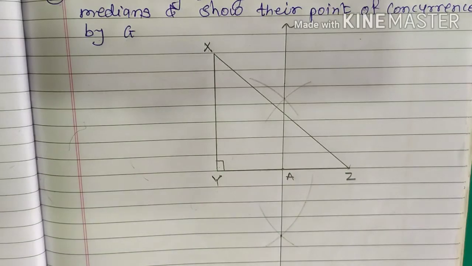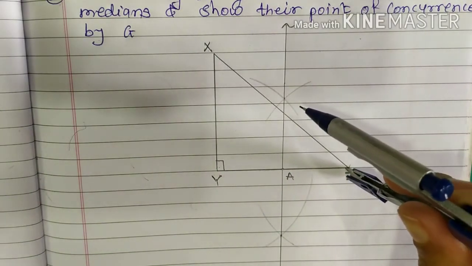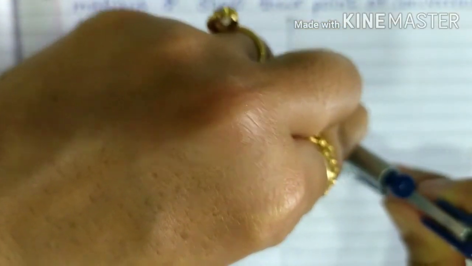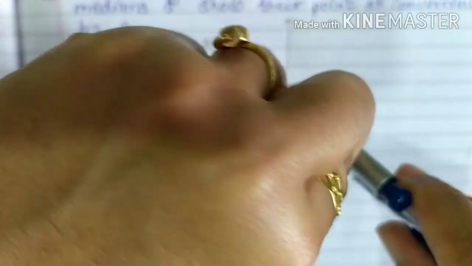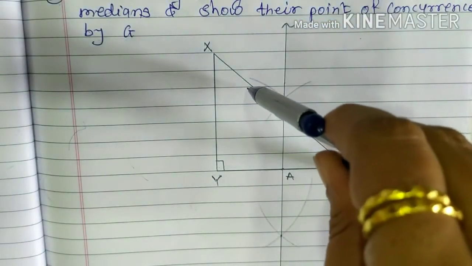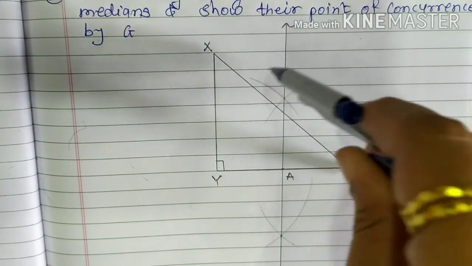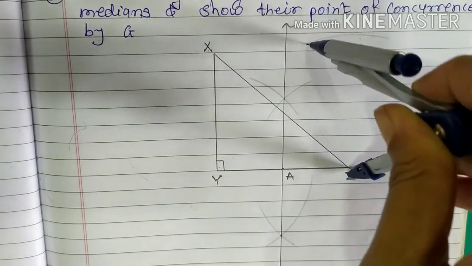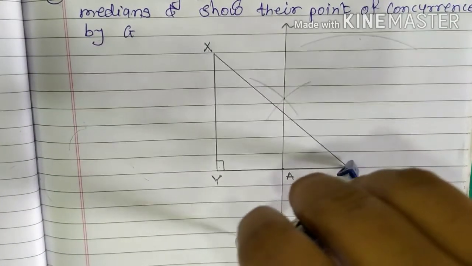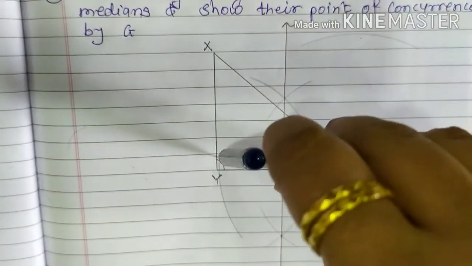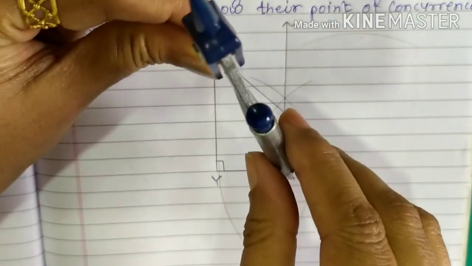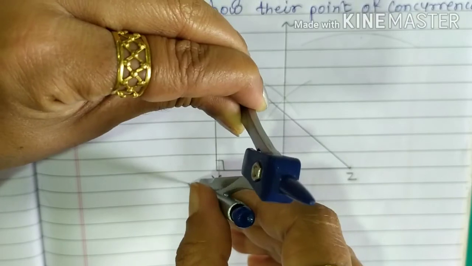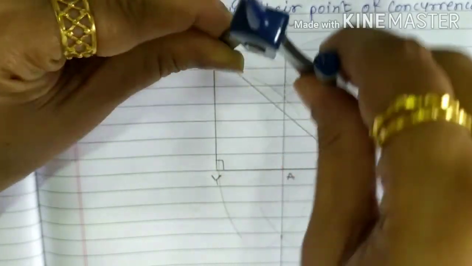Then next, the segment XZ. Take the distance more than half and make arcs on both sides. Again you put the metal point on this X and cross the curve.